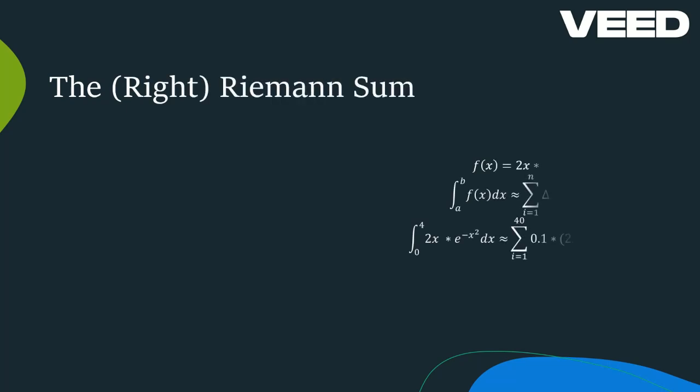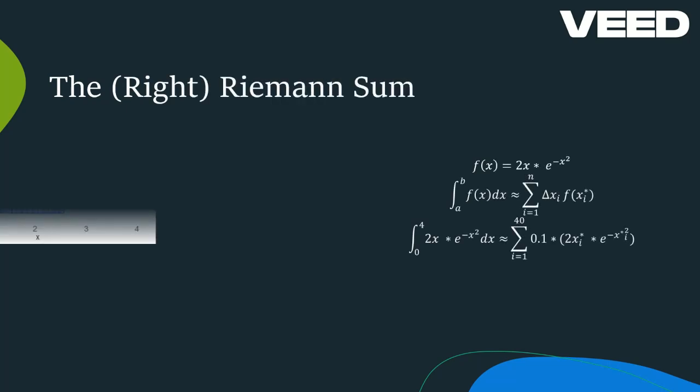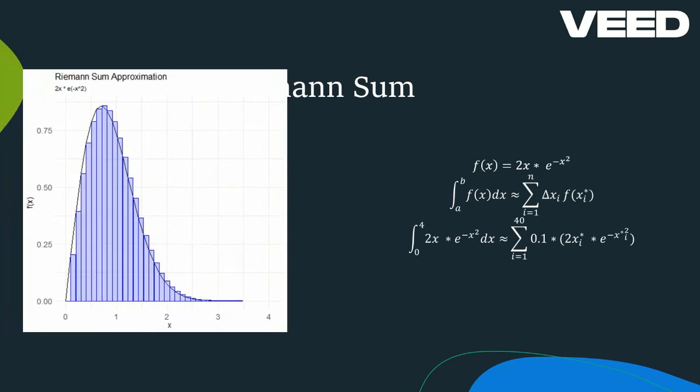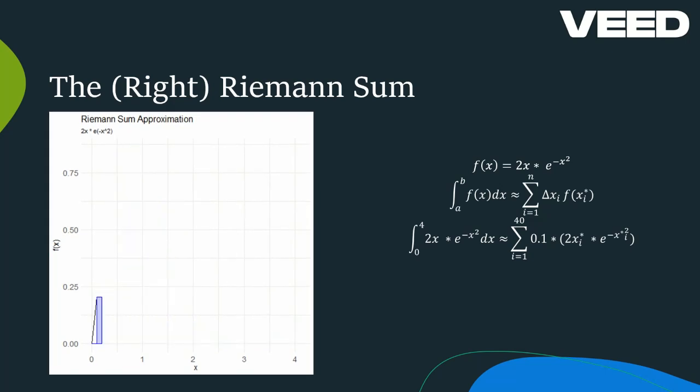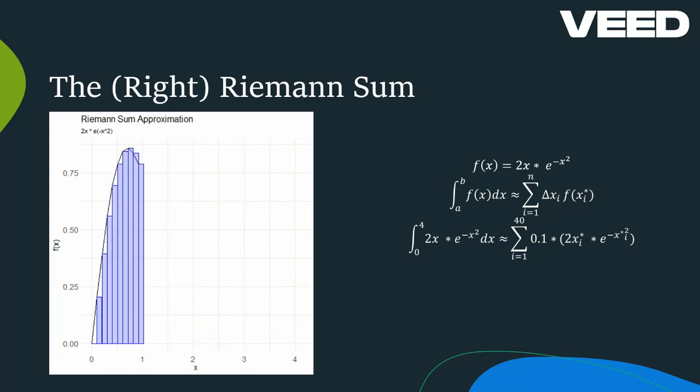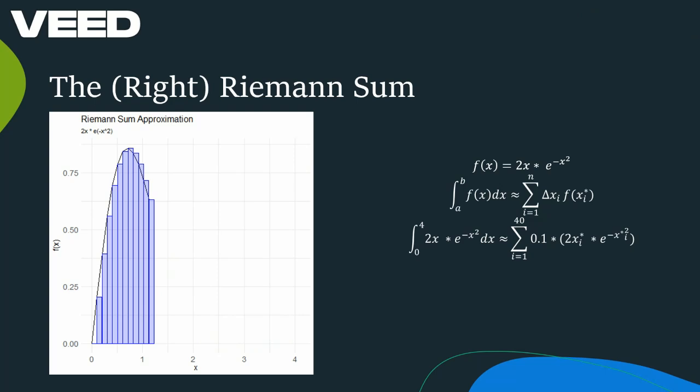The right Riemann sum of the function 2x times e to the negative x squared can be obtained by partitioning the interval 0 to 4 into 40 subintervals of equal length. Let's recall that the width of each subinterval is just the right endpoint minus the left endpoint divided by the number of subintervals, which is (4 minus 0) over 40, which is 0.1.